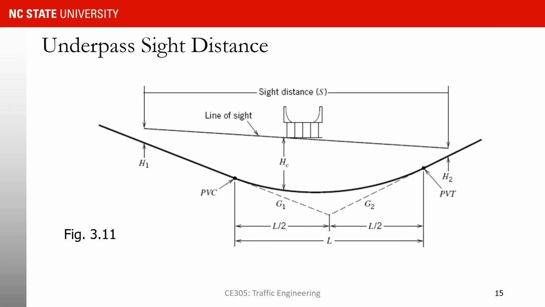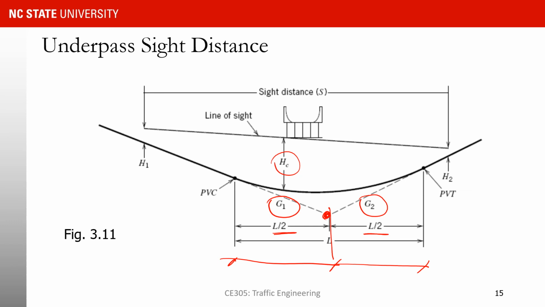So we have a sag vertical curve here. You see that our initial slope is G1, our final slope is G2. Again, this is an equal tangent vertical curve, so PVI is in the middle of PVC and PVT, so that's critical. And now you have an overpass that has a distance of H sub C from the road, and this is from the low point of the road.